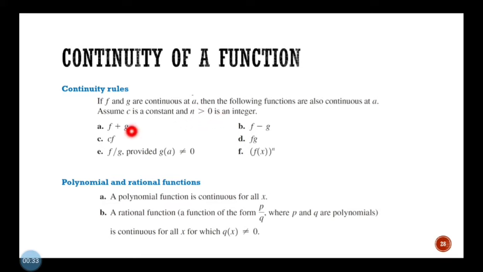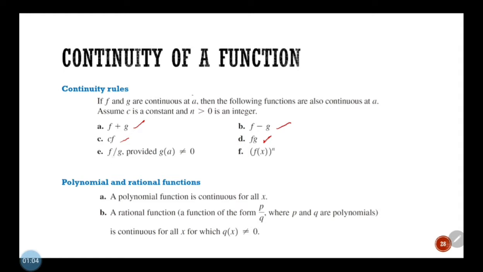So if we have functions f and g, and both functions are continuous, then the addition of these two functions, f plus g, is also continuous. Same goes for f minus g. And if we have a constant c multiplied with a function f, given that f is continuous, then c times f is also continuous. f times g will also result in a continuous function if both f and g are continuous.